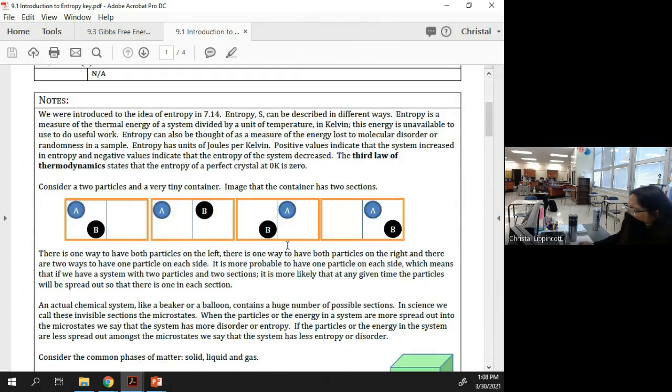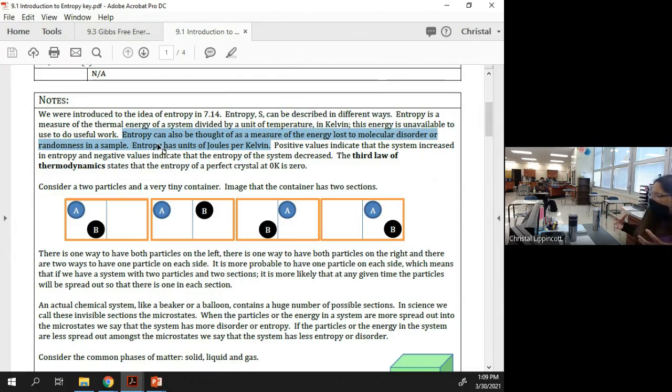Oh, here it is, the way they worded it was really good: entropy can be thought of as a measure of the energy lost to molecular disorder or randomness in a sample. It's like when you're disorganized, you can't find stuff and you can't get as much work done. That's the idea here.